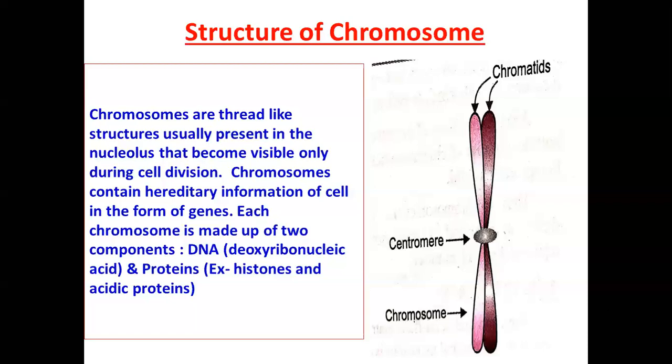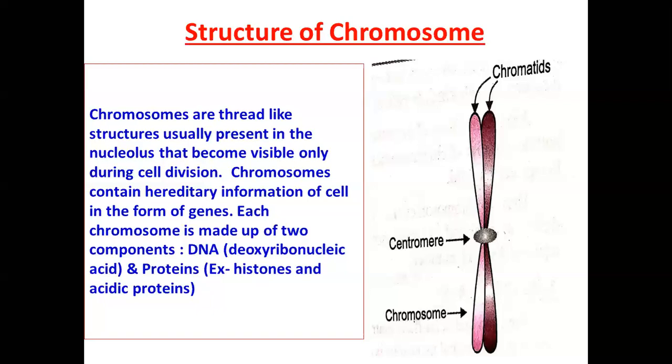The other two parts are known as chromatids. Each chromosome consists of two arms, called chromatids, which lie side by side along their length. The two chromatids of a chromosome are attached at a point called the primary constriction or centromere.